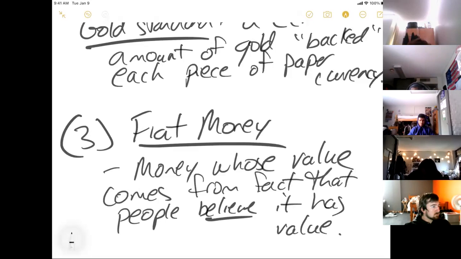Why do I take US dollars in my paycheck? Because I'm pretty sure that somebody else will take those US dollars at a store, right? It's a shared belief system. But there is no intrinsic value to this money. If you take a US dollar to a Federal Reserve Bank and you give it to them and say, give me some gold, they will say, ha, and laugh in your face, right?